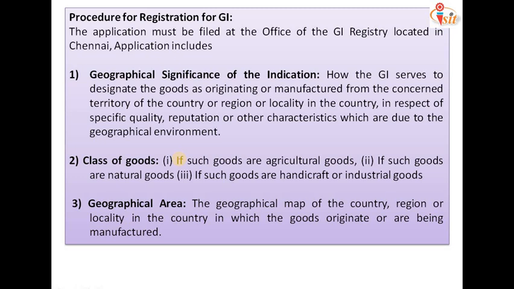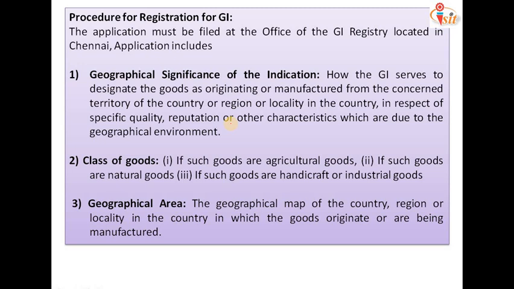So what are the specifications we should submit with the application? First, the geographical significance of the indication. Okay, what is the geographical significance? Here the GI serves to designate the goods as originating or manufactured from the concerned territory of the country, or the region or the locality of the country, in respect of the specific quality.